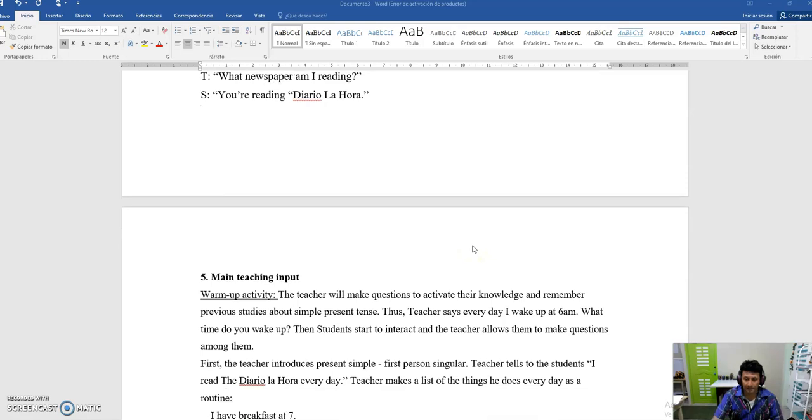Now the fifth step of my lesson plan is the main teaching input. Here in the main teaching input, I will make the warm-up activity. I will ask some questions to activate their knowledge and remember previous studies about simple present tense.